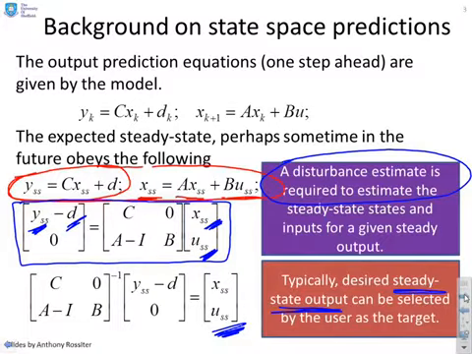It's likely to be something like the target. I want the steady state value to be 3 or 40 miles an hour or something like that. And therefore, on the left, you largely have known variables, and you can use these in order to infer what the required steady state and input will be. And you'll notice that they will vary as your estimate for the disturbance varies.